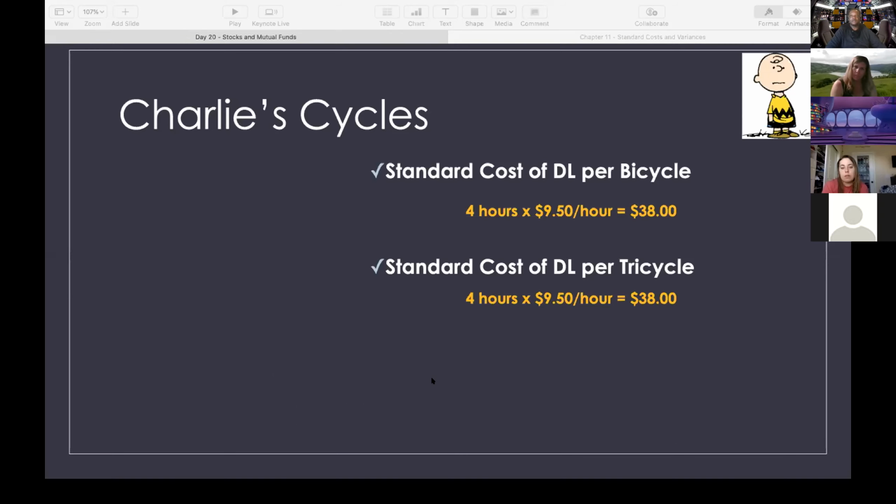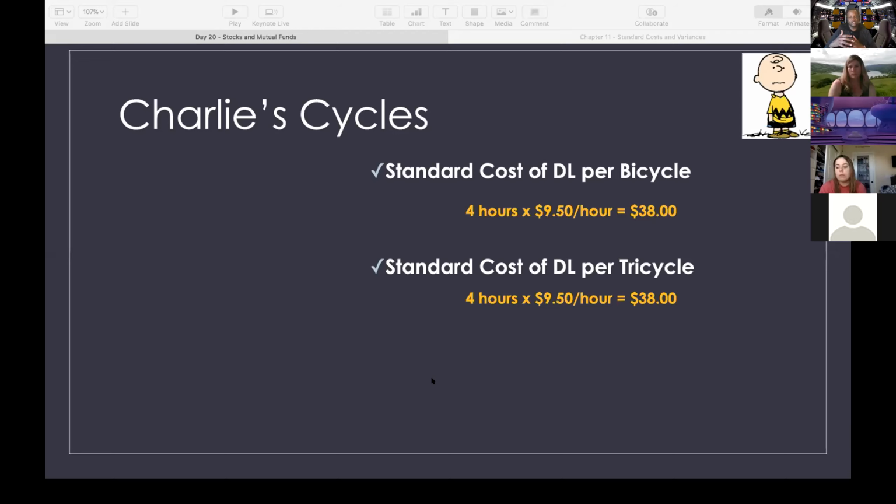Now, I do want to say one thing. We could have used different amounts for bicycles and tricycles, right? If the tricycle is more complicated, maybe the bicycle takes 4 hours and the tricycle takes 4.5 hours. So they don't necessarily have to be the same amount. The other thing to keep in mind is they don't have to be the same rate either.